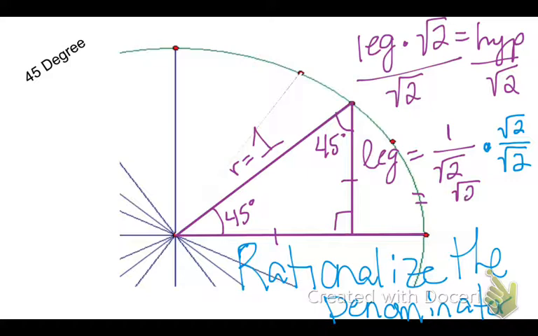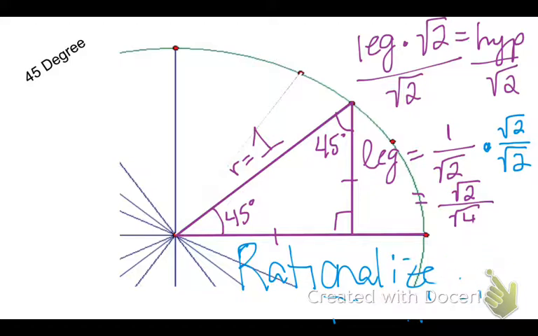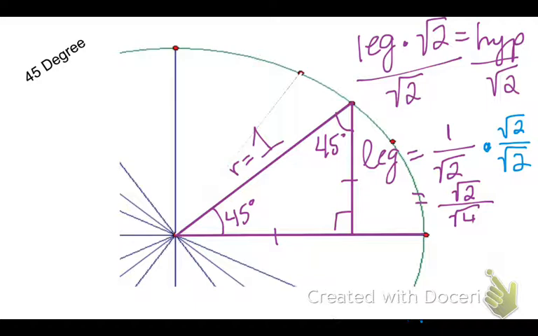That gives me square root of 2 over the square root of 4. Well, ladies and gentlemen, what is the square root of 4? 2, exactly. So this leaves me with a leg measure of square root of 2 divided by 2.